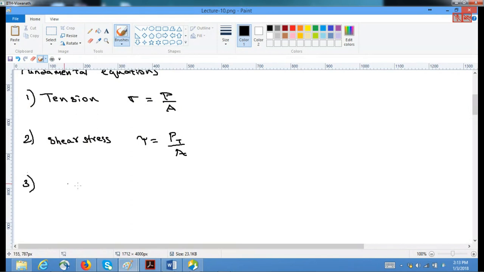Then we also looked at the bending stress. For the bending stress, we have seen that sigma is equal to My by I, using Euler-Bernoulli beam theory.